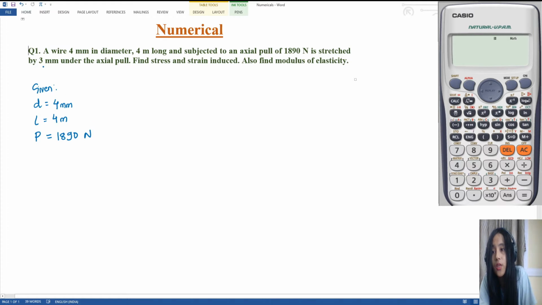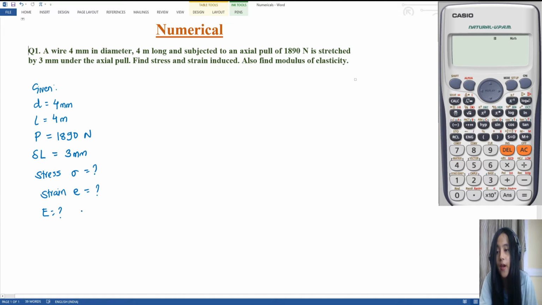So this 3 mm here is change in its length. So we can say change in its length, del L, is given 3 mm, and next it has asked us to find stress sigma, strain e, and modulus of elasticity E. So these are the things that we have to find.